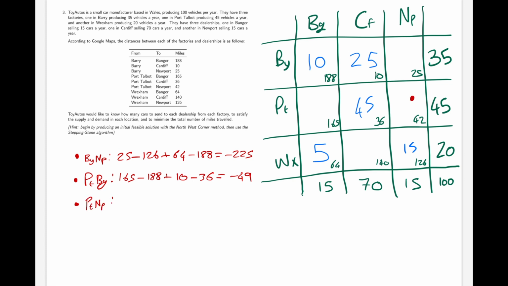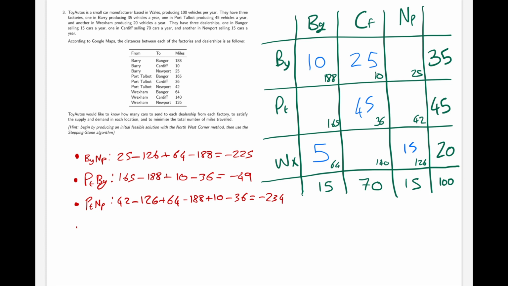That's here. Our loop now would be this. Now we are going through every basic variable. So we would increase Port Talbot-Newport, decrease Wrexham-Newport, increase Wrexham-Bangor, decrease Barry-Bangor, increase Barry-Cardiff, decrease Port Talbot-Cardiff at a net unit cost of minus 234.